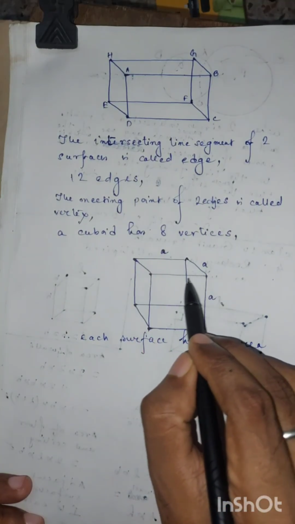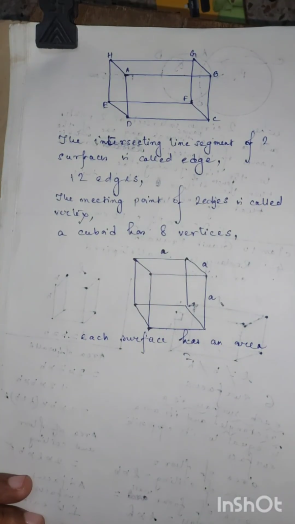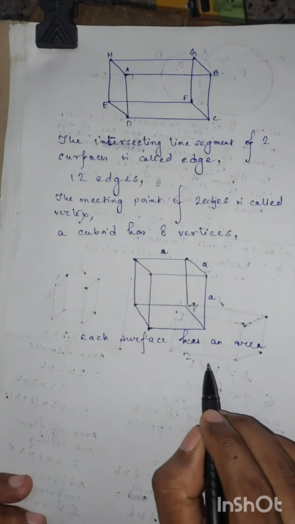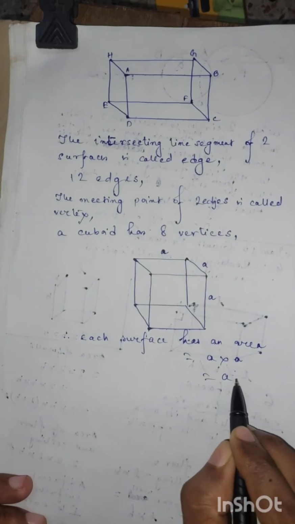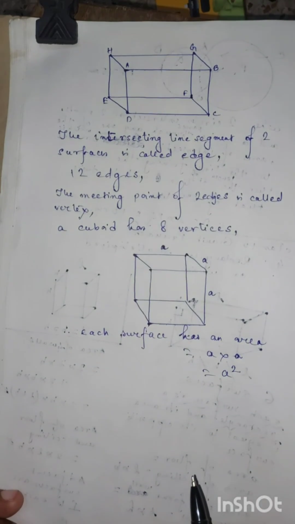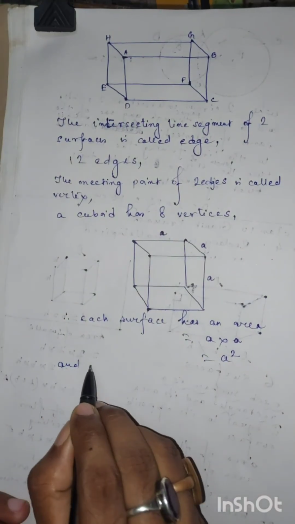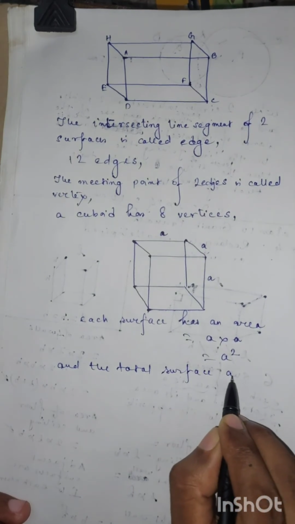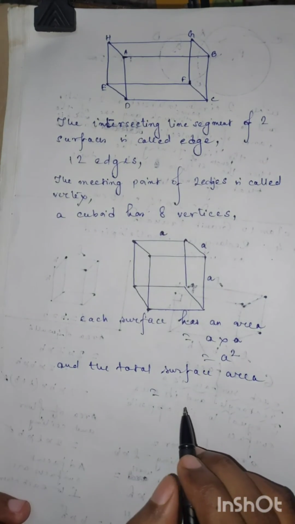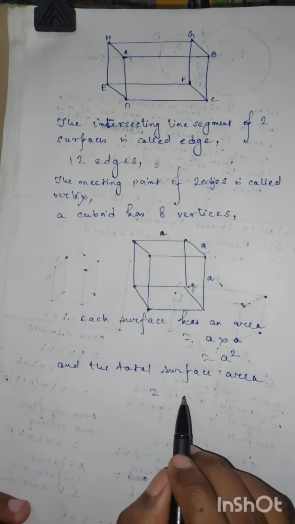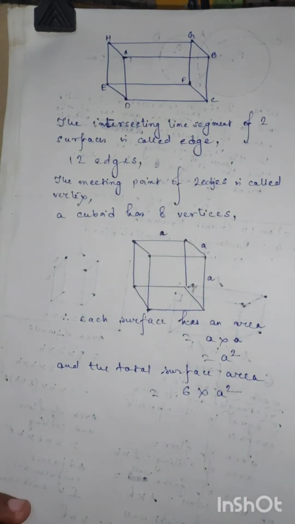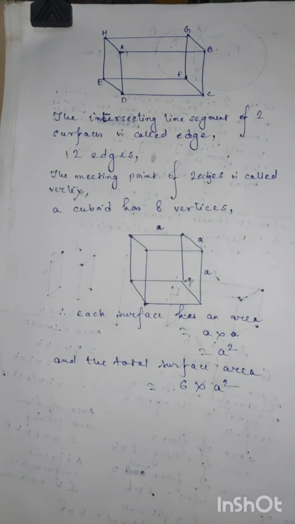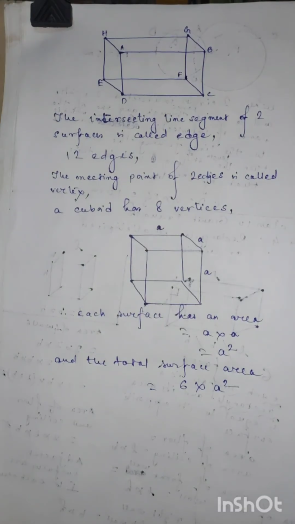So this is a square. Each surface is a square. So the area of a square is side into side. That means a square. And the total surface area is equal to 6 surfaces, that means 6 into a square. It also has 12 edges and 8 vertices.